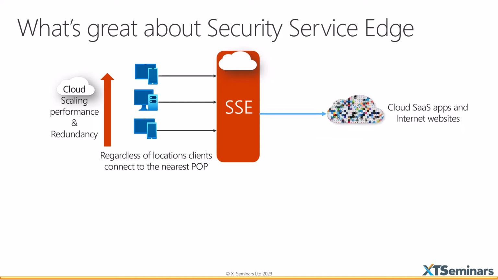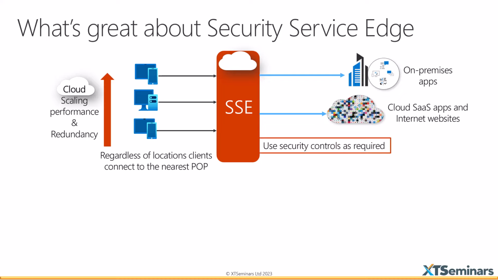They might be SaaS apps, they might be internet websites, they might be our on-premise apps, or in fact apps that are private to us that are in multi-cloud. And of course, with SSE, we can impose whatever security controls that cloud provider is giving us. So maybe we've got firewalls as a service, we've got secure web gateways as a service, we've got DLP as a service, and many more different features.